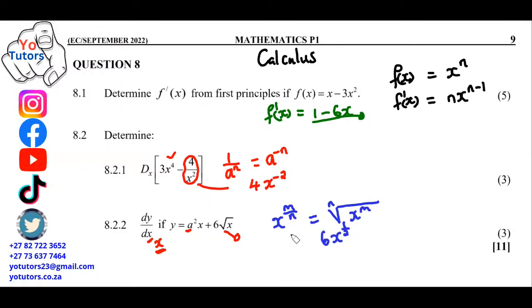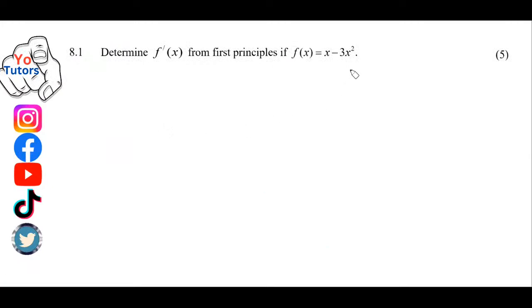A root on its own shows us that it's actually over 2. So there's a silent 2 here, which we don't put. But once it becomes a cube root, we have to indicate that it's a cube root. So in that case, you will have, say, 1 over 3. So in this case now, you'll be able to derive your solution nicely.